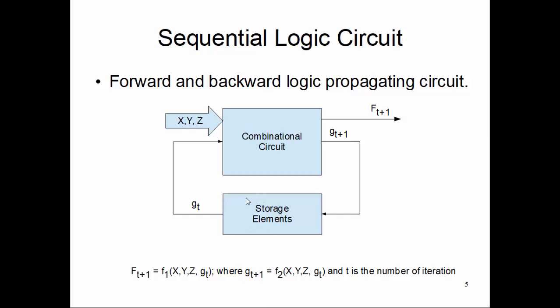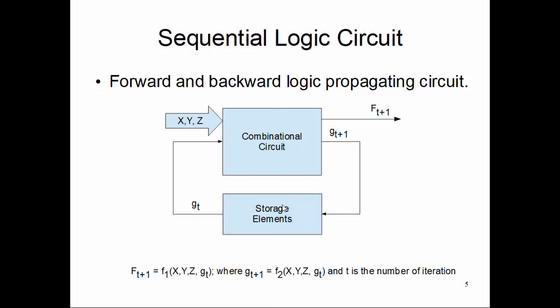Okay, that's my G0. That's my initial condition. So when we power up, this storage element needs to be at a predefined combination of binaries. Depending on circuit, it can vary. Usually it is all 0, usually, but it can vary again.